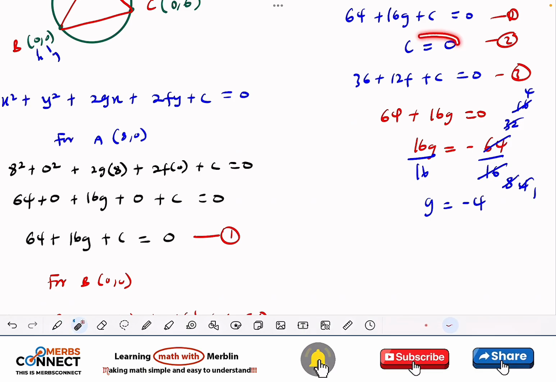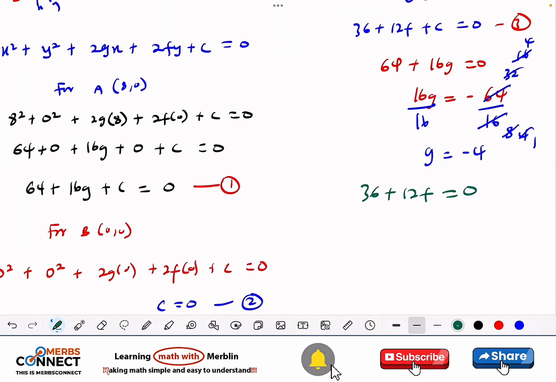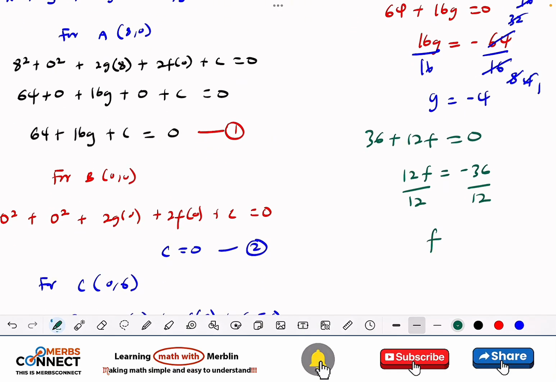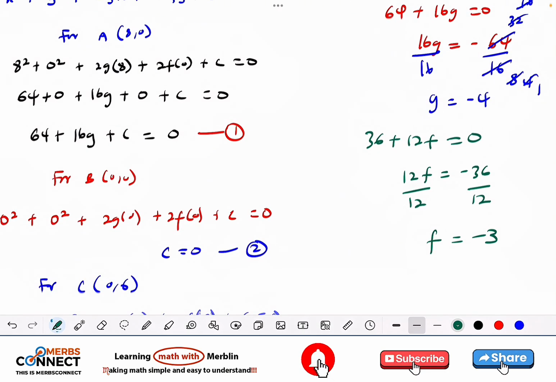Let's plug 0 into equation 3. So we are going to have 36 plus 12f is equal to 0 because c is 0. And we are going to have 12f to be equal to minus 36. And I think this one I can divide through by 12, and I know that I should be getting 3. So f will be equal to minus 3.